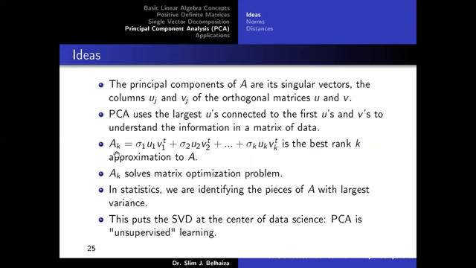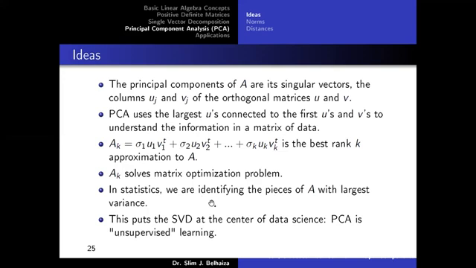So remember, we just said that A_K is the best rank K approximation tool. So in fact, again, A_K solves a kind of matrix optimization problem. I mean, the rank K matrix that gets us as close as possible to A. In statistics, we mainly base our work on studying variance covariance matrices.